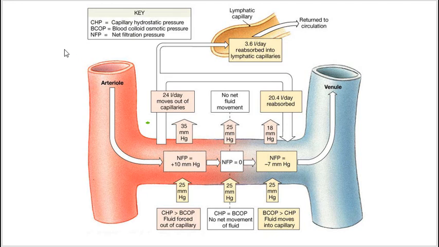And this diagram shows you the same thing. So the artery brings blood, goes to the capillary. At the arterial end, you see there is more pressure inside the capillary. So basically, this diagram shows that the pressure is 10 millimeters of mercury higher compared to the interstitial fluid. Because there's more pressure, everything goes out.